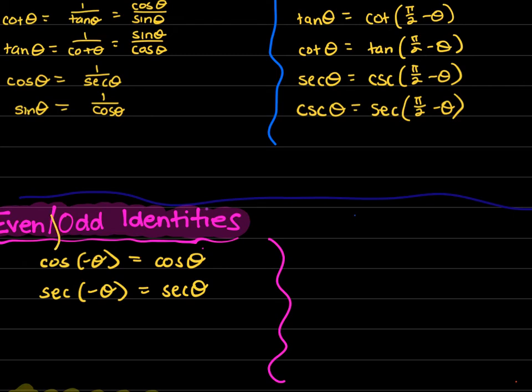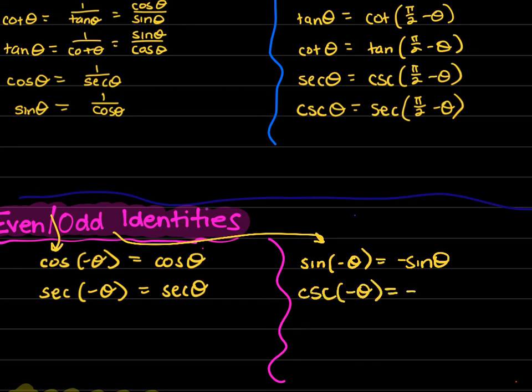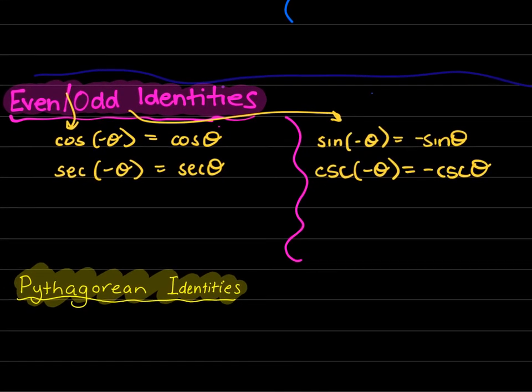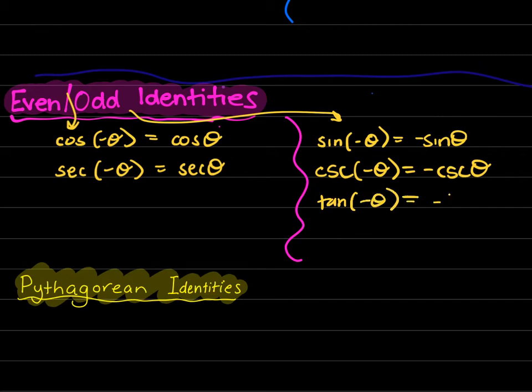Whereas the odd ones, sine of negative theta is replaced with negative sine of theta. Cosecant of negative theta is replaced with negative cosecant theta. Tangent of negative theta is replaced with negative tangent theta. And cotangent of negative theta is replaced with negative cotangent theta.